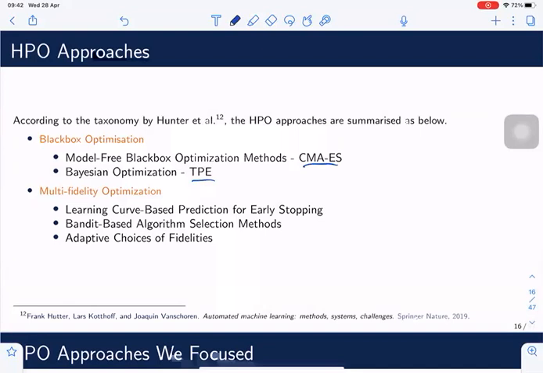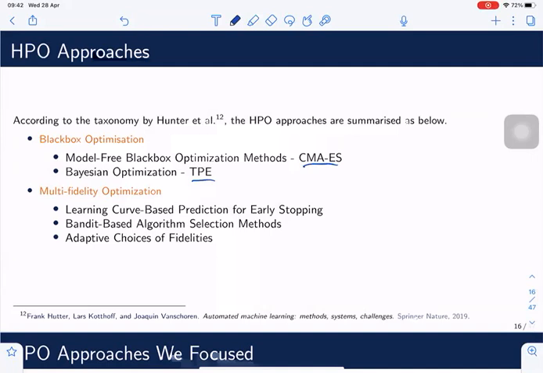Both of them belong to the black box because they treat the model, the GNN in our problem, as a black box model. You only feed the hyperparameters into the GNN, and you only get the feedback, the loss. You won't have any access to the gradient information.